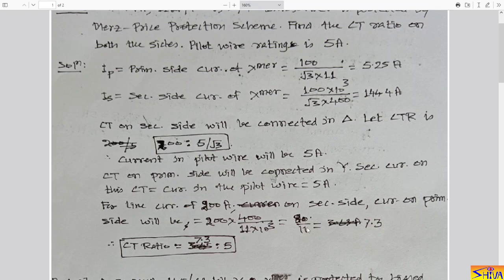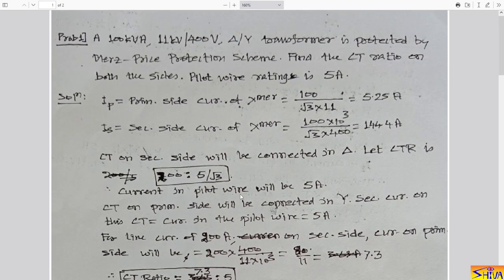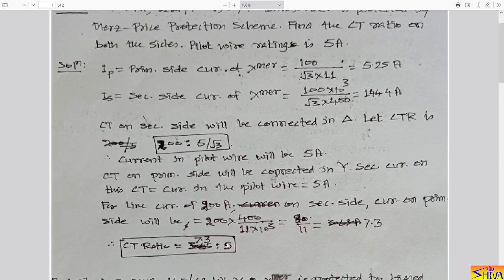So it is coming 80 by 11, that is 7.3 amperes. So CT ratio will be 7.3 ampere. Now when 7.3 ampere is flowing on the primary side of this transformer, on the secondary side it will be 200 ampere, and current entering from both the sides is 5 ampere. Therefore, in normal condition, the relay is not going to operate.